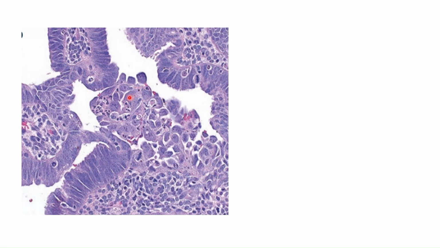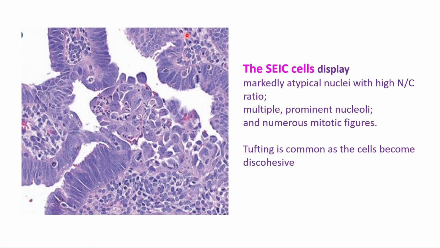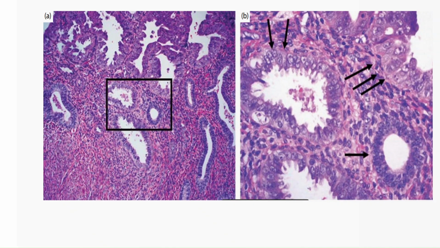So cells are separated from each other showing nuclear irregularity, prominent nucleoli, but the important feature is the basement membrane is intact. So this is SEIC pattern and highly atypical glands.